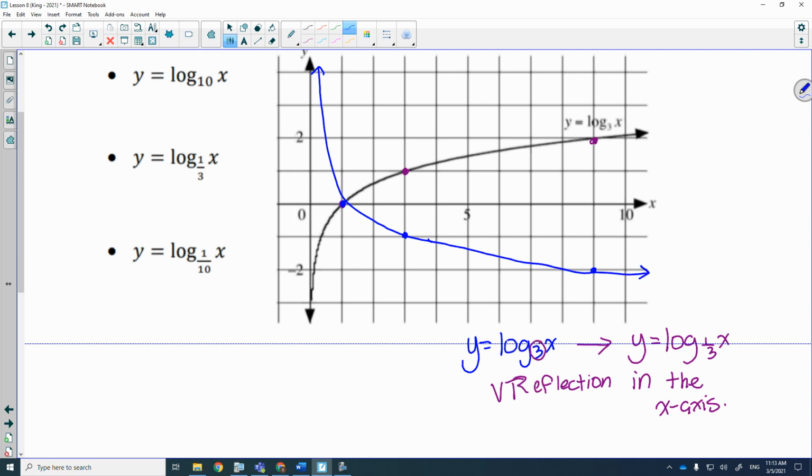So we are not going to do these last two, but what would be the vertical reflection of y is equal to log base 10 of x? It would be what? That's right. It would be this guy right here. So log base 10 of x, if I said what's the equation of that after it undergoes a vertical reflection, you would say, oh, that 10, we have to reciprocate, becomes 1/10.